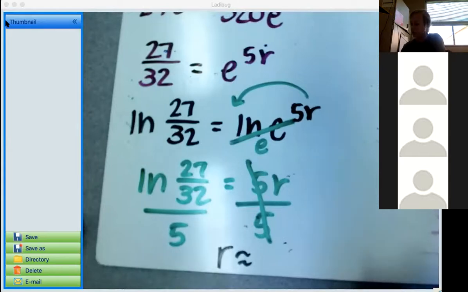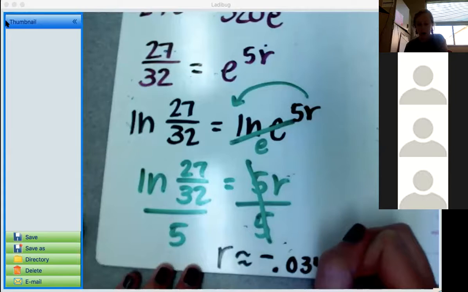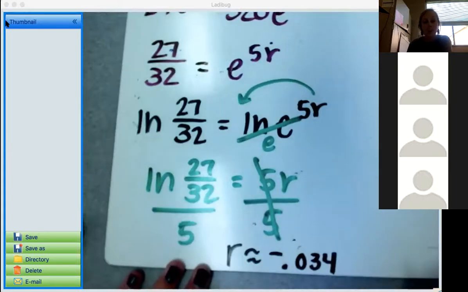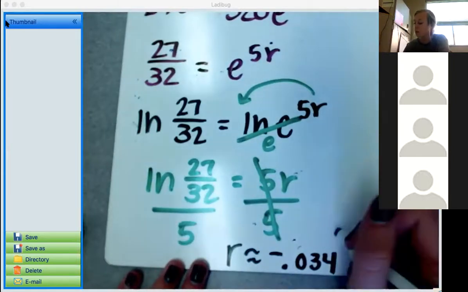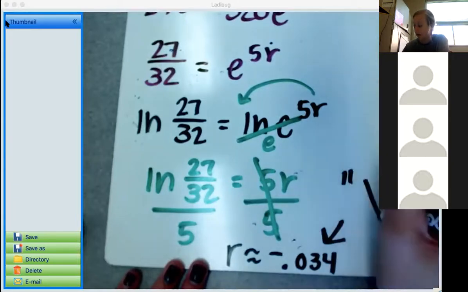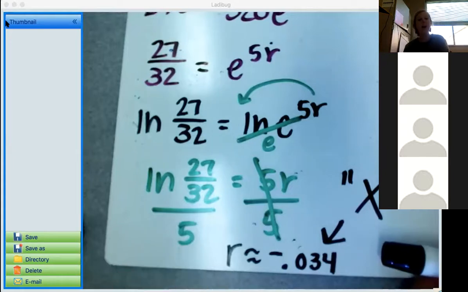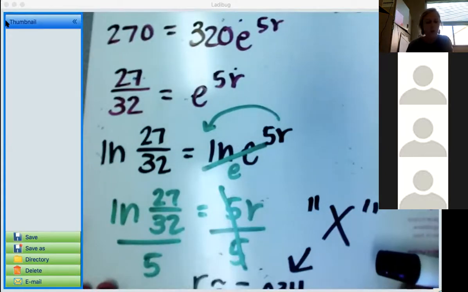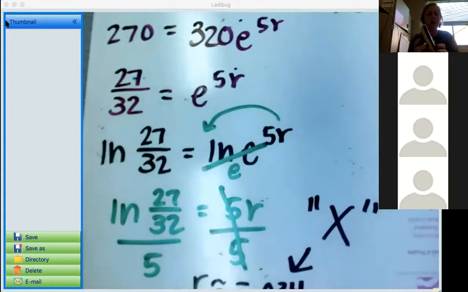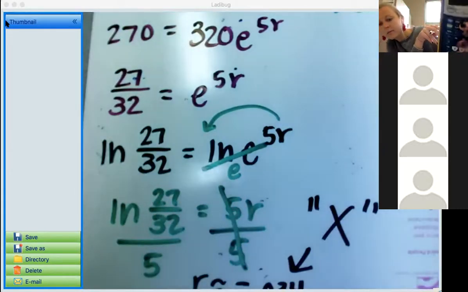So this rate ends up being negative 0.034, but can you round the rate right here? No. So what are we supposed to do with this? Store it as X. Well, in the calculator, you have to store it as X. I guess you could do alpha and choose a different number, but I don't use the alpha button. I use this link button right here that has the X above it.